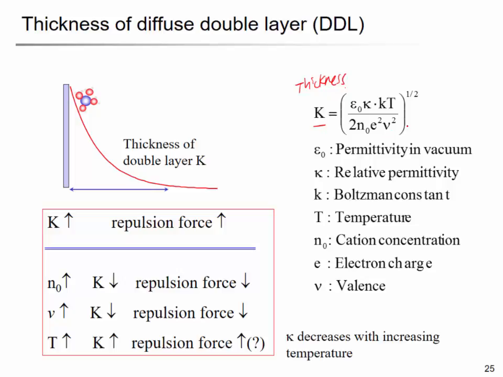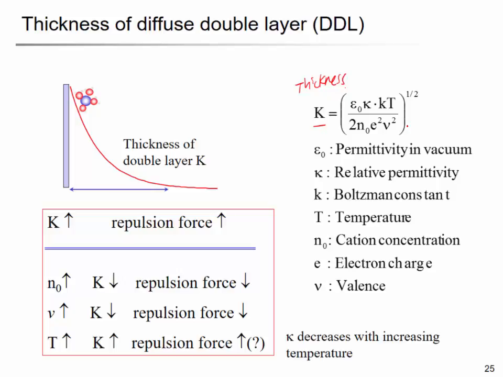So if you have a more concentrated electrolyte, what will happen to the double layer thickness? Will the double layer thickness be thicker or thinner? Thickness will decrease, right? So you have more cations to compensate the negative charge on the clay surfaces.